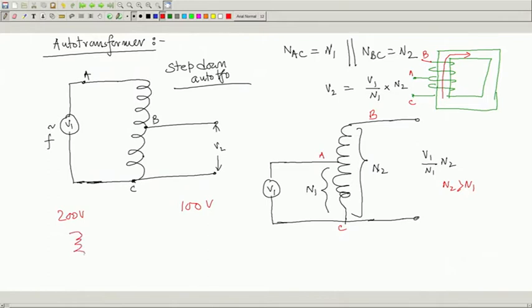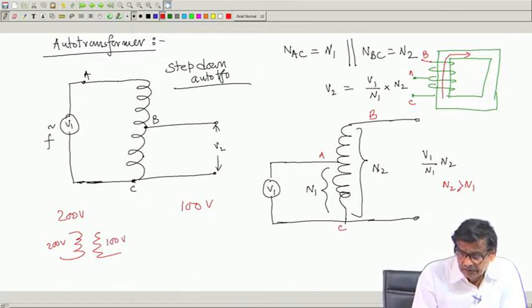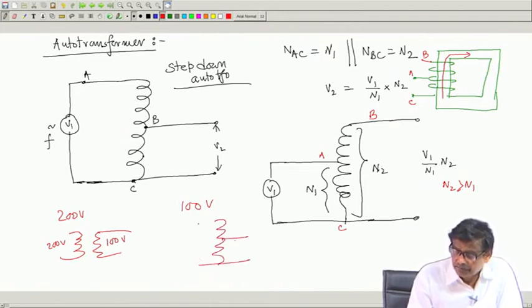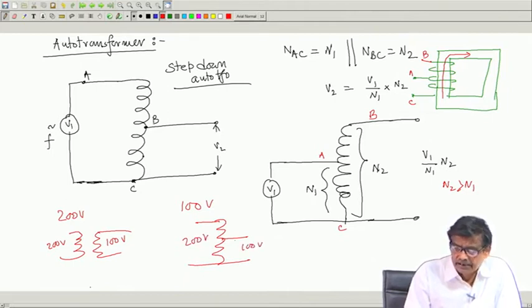I will use a two winding transformer, 200 volt and 100 volt, or I can also use an auto transformer, where the tapping will be at half of the full number of turns. So 200 here, 100 there. Either of them can be used to supply the load at 100 volt when a 200 volt supply is there.